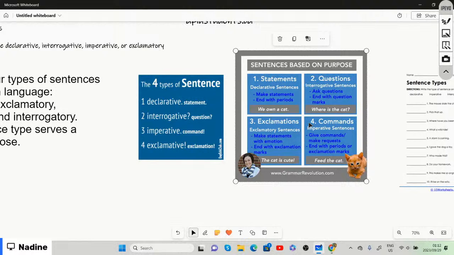It's like subtly commanding that you need to feed something, clean this, throw out the bags. So these are the four types of sentence.